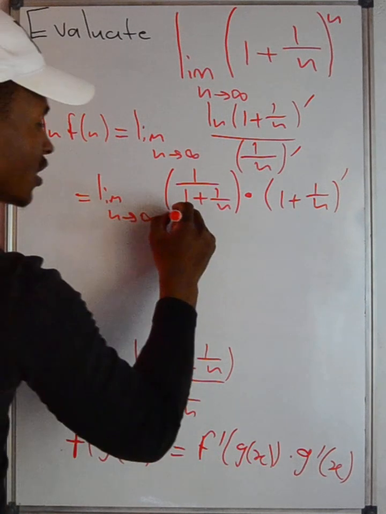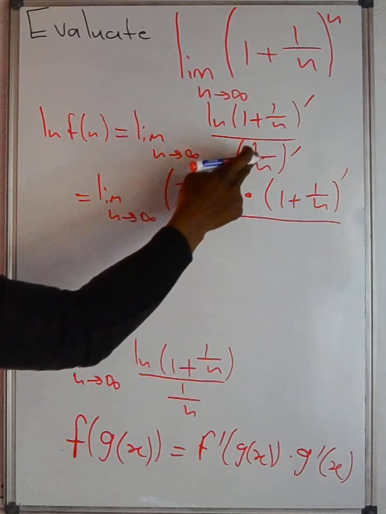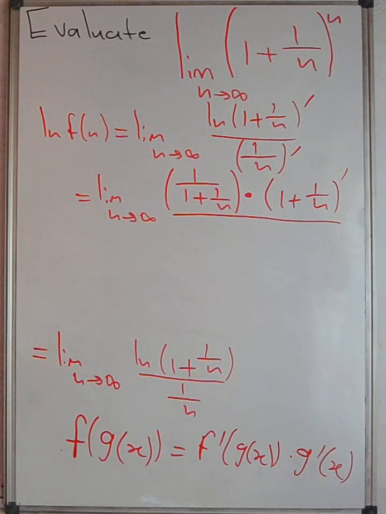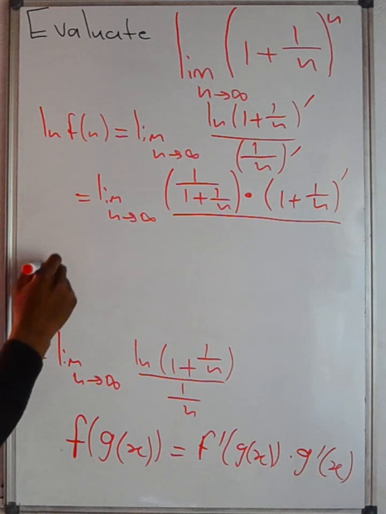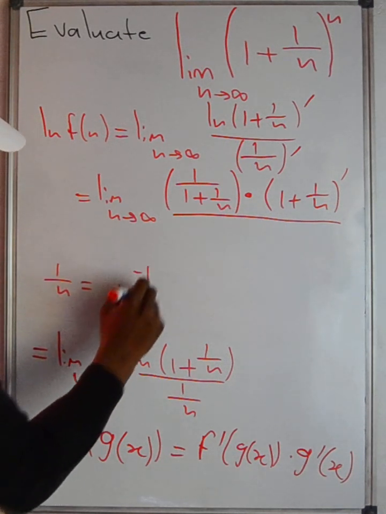So we are going to divide by what? The derivative of 1 over n. But we know that 1 over n is actually the same as n to the power minus 1.